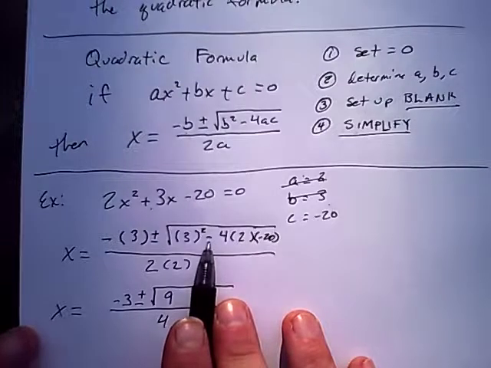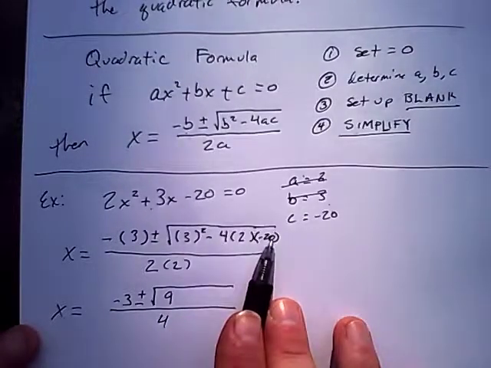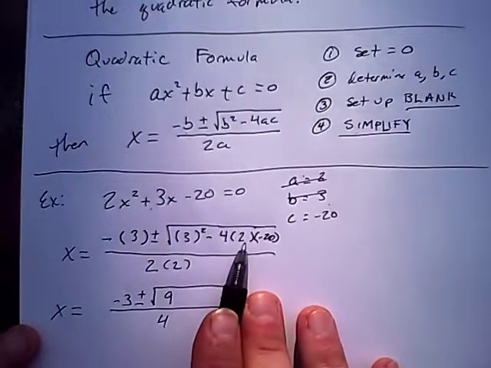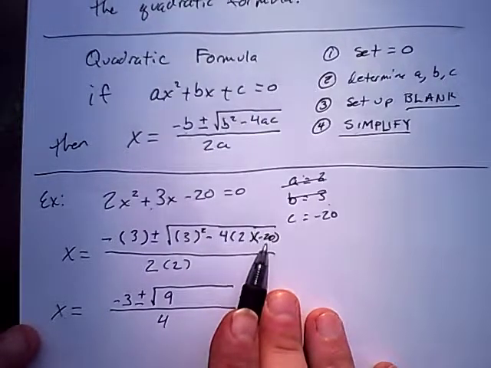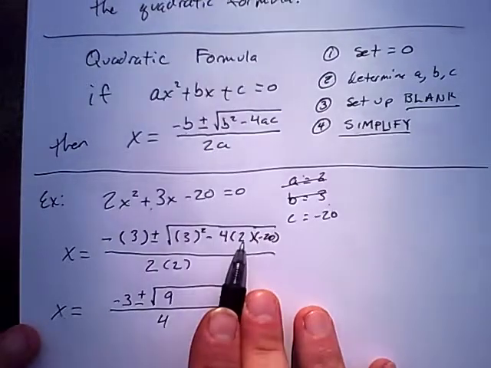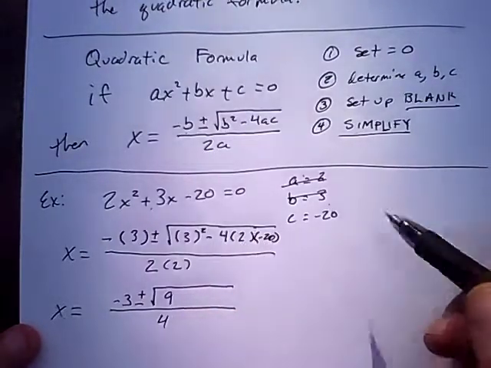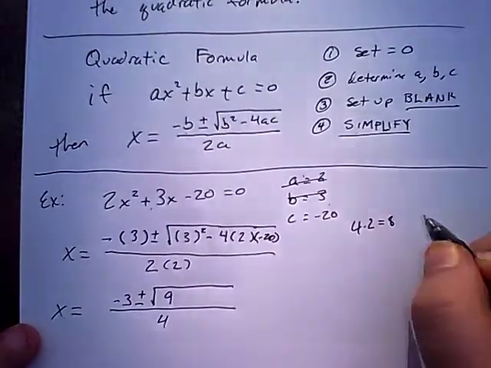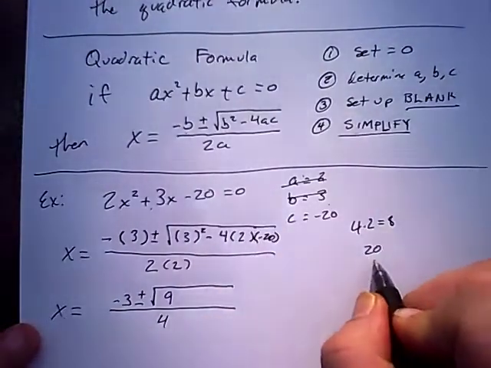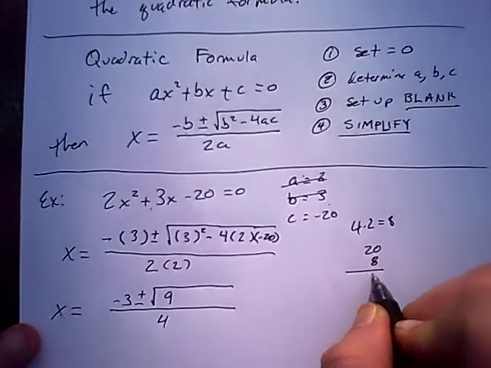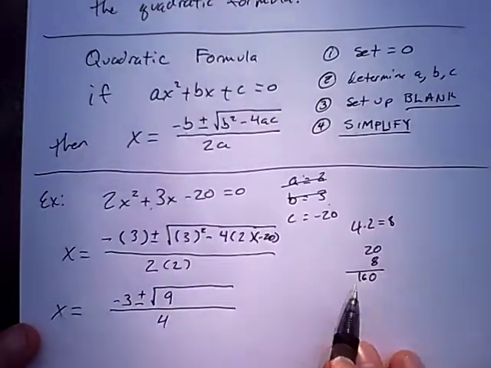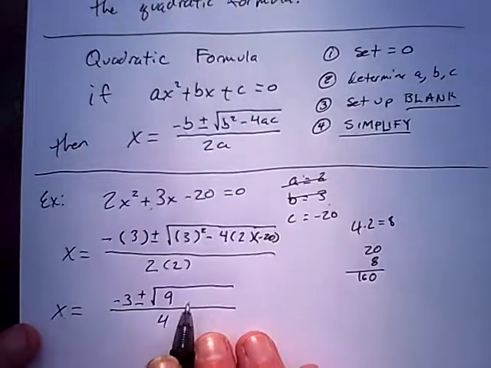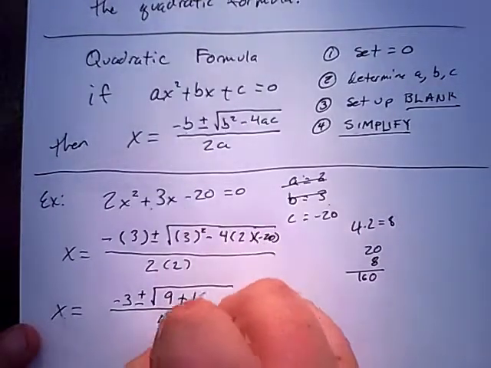Some people like to say minus and then multiply these three numbers. I like to look at this as negative 4 times 2 times negative 20. I'm going to do that off on the side. I know that 4 times 2 is 8, and then I'm going to do 20 times 8, which is 160. And a negative times a negative is positive, so I want to put a positive 160 here.